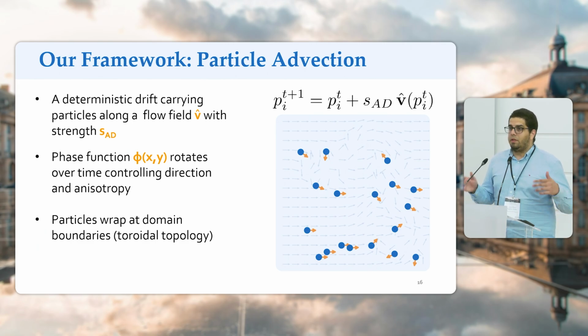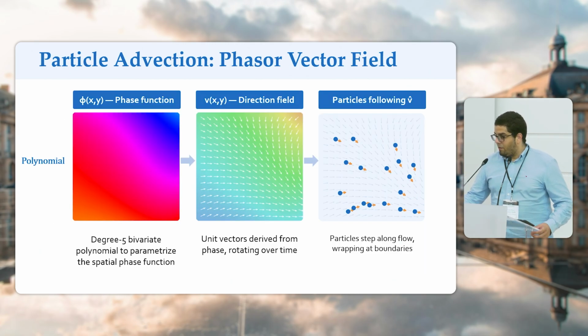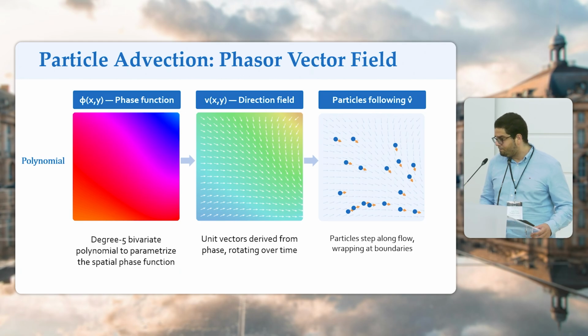You also need to consider some details, for example the domain, so if the particles need to wrap and so on. Here we have a specific example, because in the paper we found the key is how you encode this phase function. And we found that the degree 5 bipolar polynomial function is quite efficient to encode the phase function and to fit the flow, because you do not have so many parameters.